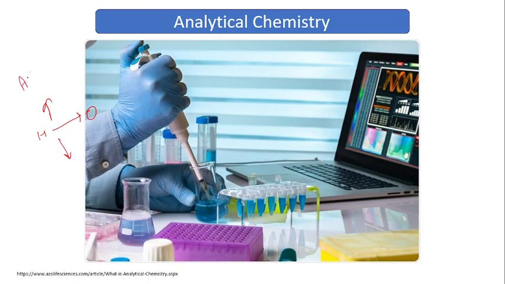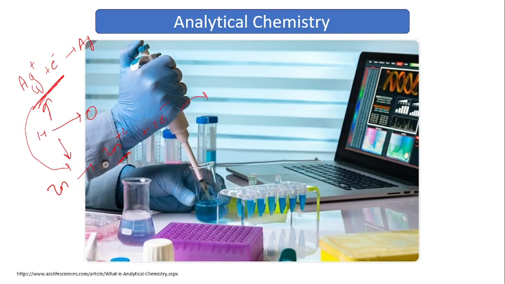Or we can say Ag: silver ion gains an electron and converts to silver, while here zinc loses electrons and is oxidized. So it depends on that. If you want to protect silver, then you can use zinc, because zinc will be oxidized.